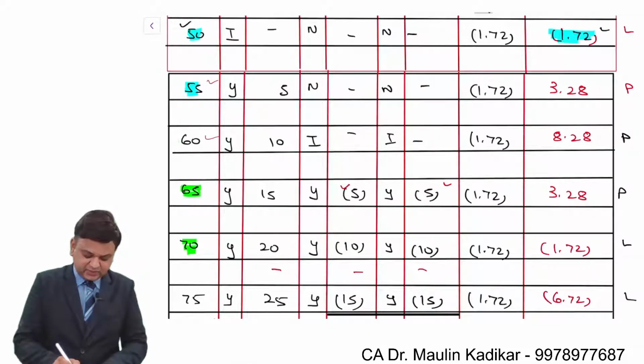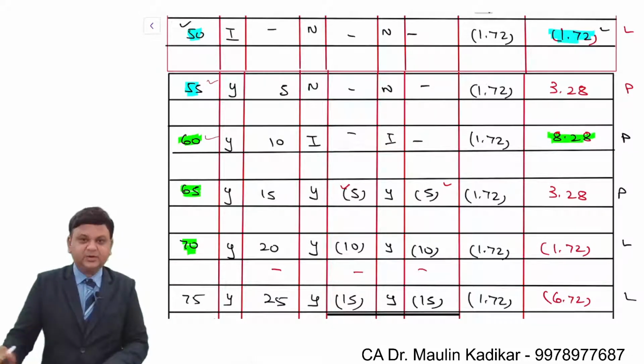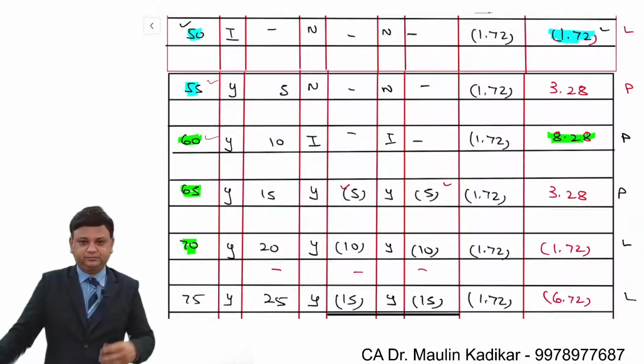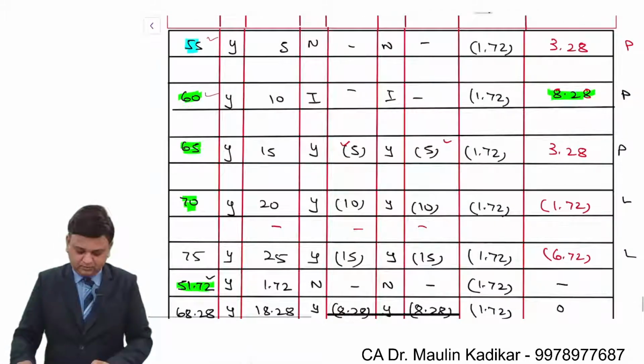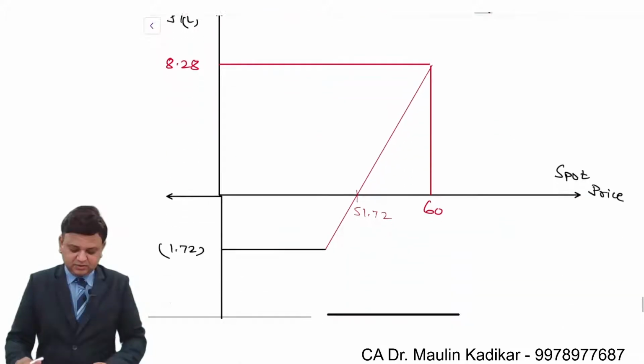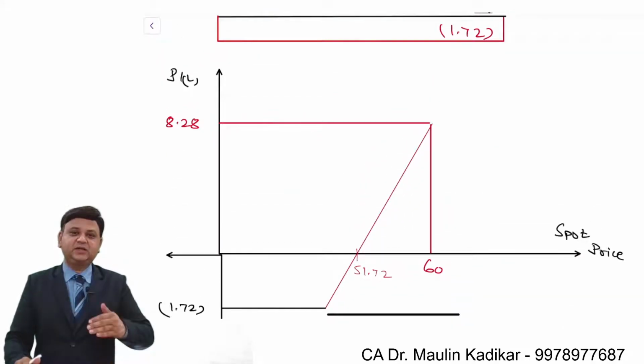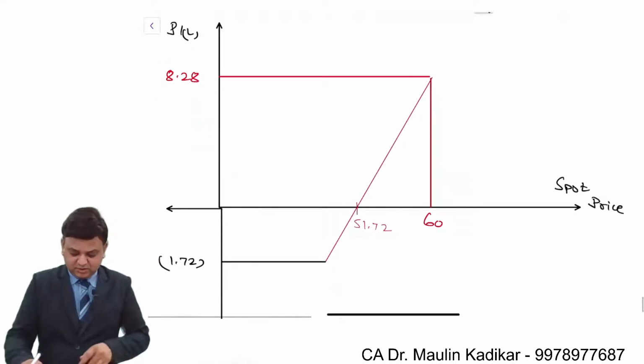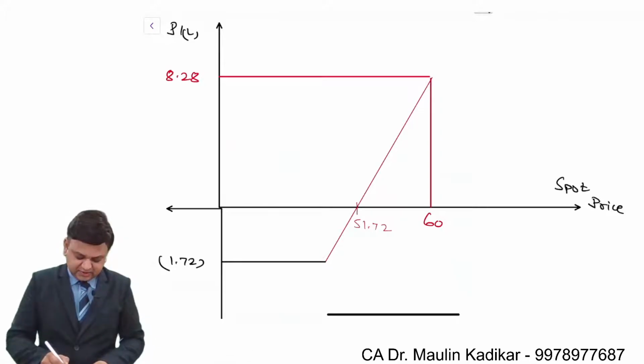So at this point we have a profit of 8.28. Next, beyond 60, two call options are being exercised for which we are the seller. So over here the diagram will further go like this.